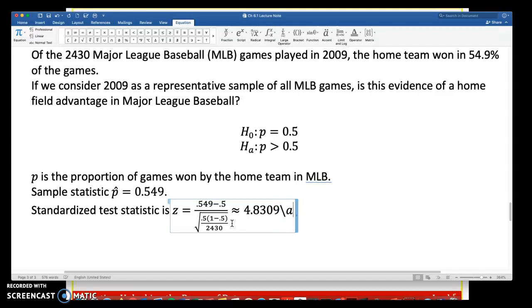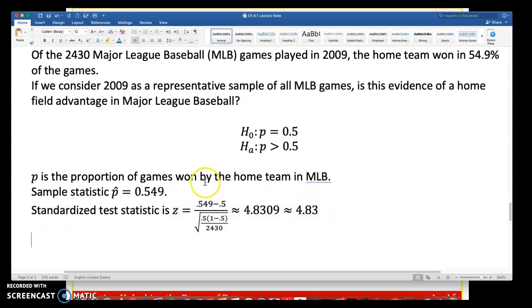Or we'll just approximate this to 4.83 as my standardized test statistic. So these formulas are a little bit messy, depending on the calculator you use at home or online. I'd encourage you to make sure you get the same number as I do, 4.83, rounded to two decimals.